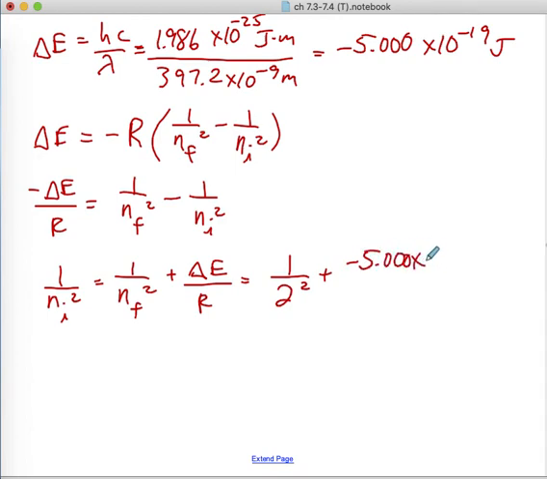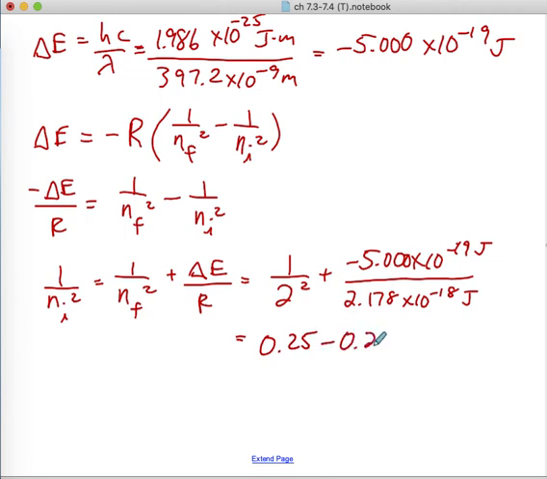5.00 times 10 to the negative 19th joules. Remember we said delta E is negative, over 2.178 times 10 to the negative 18th joules is equal to 0.25 minus 0.2296 to evaluate that equals 0.02043, and this is 1 over n initial squared.